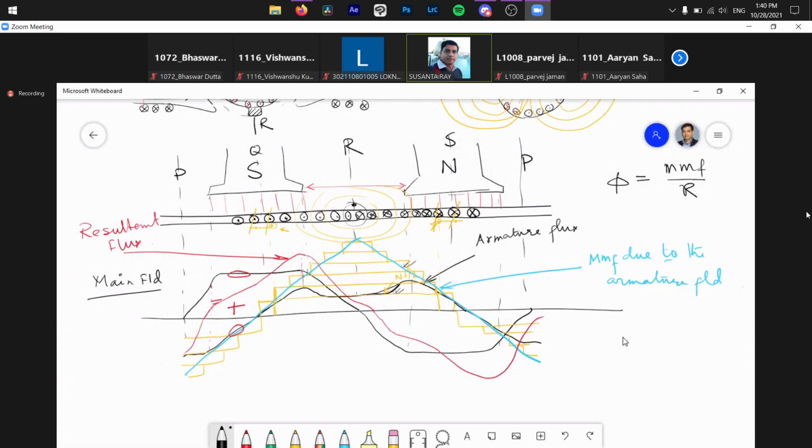The first thing I can see from this figure is the neutral. Magnetic neutral means the point where the flux becomes zero. Previously it was located at point R, as you can see from here.